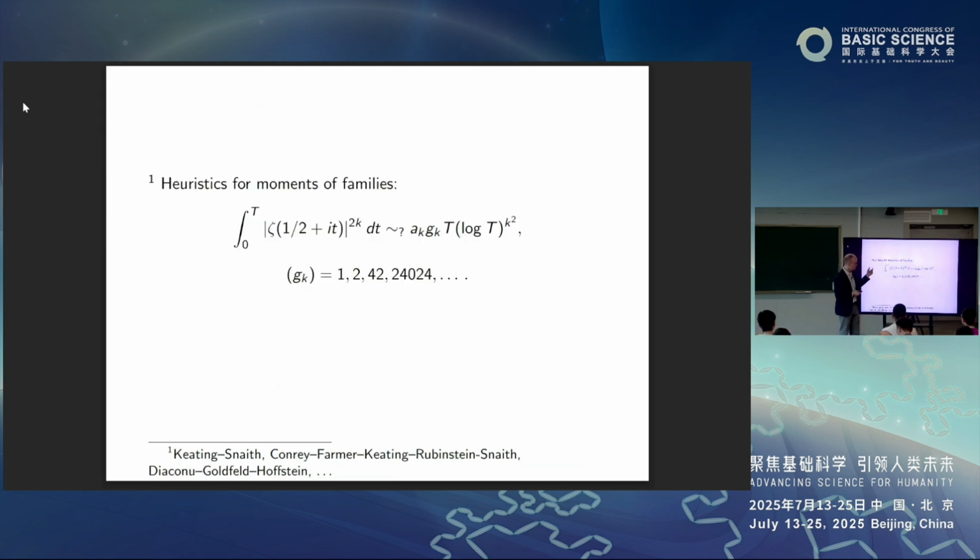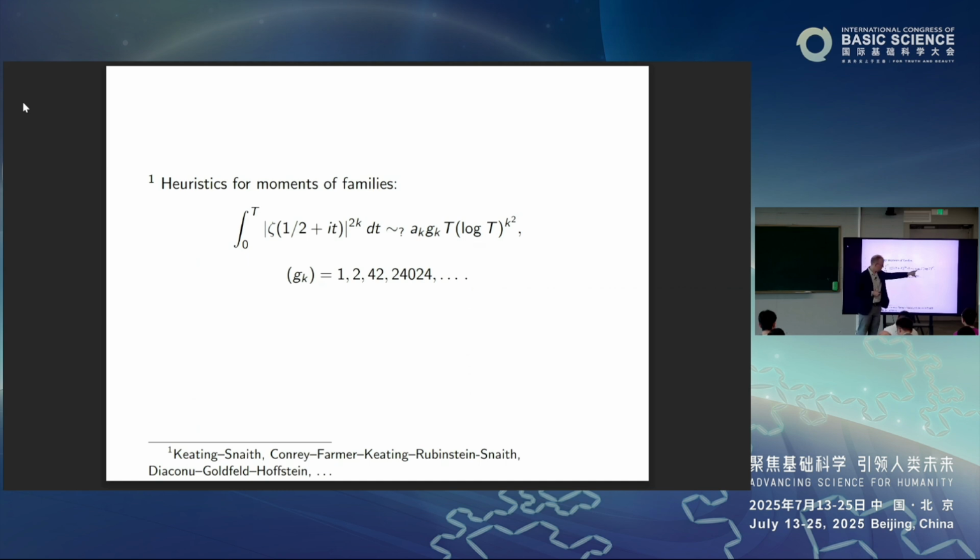And finally, there's a long history of people studying moments, for example, of the zeta function, where even understanding what the conjectural truth should be was an interesting question for a long time. Nowadays we have well-developed heuristics that lead to a precise conjecture for how the moments of the zeta function on the critical line should look.